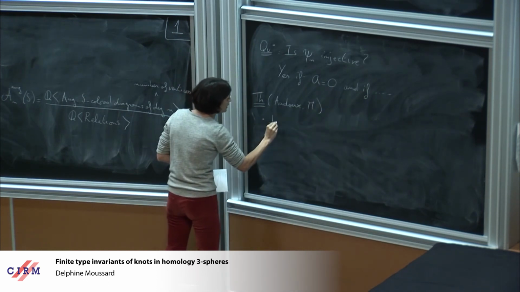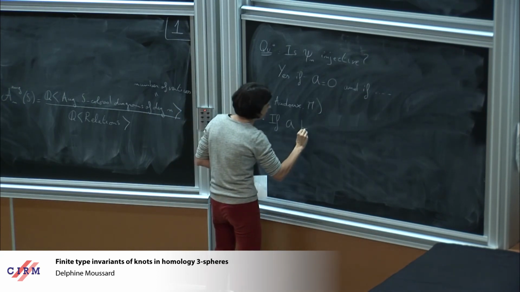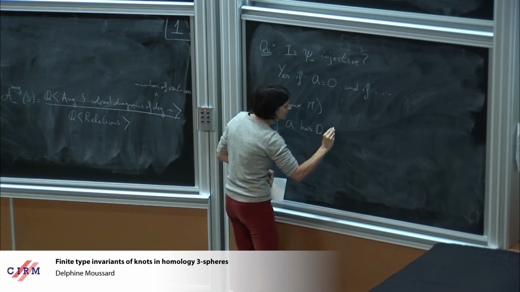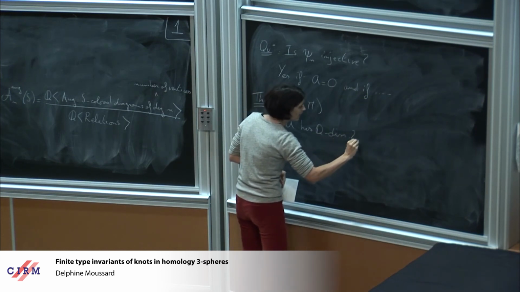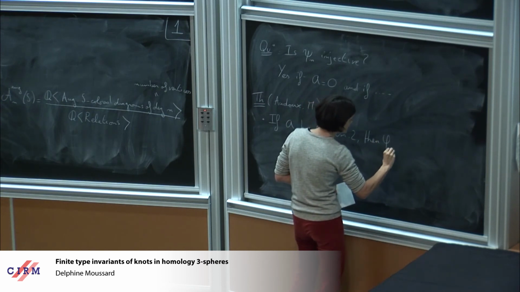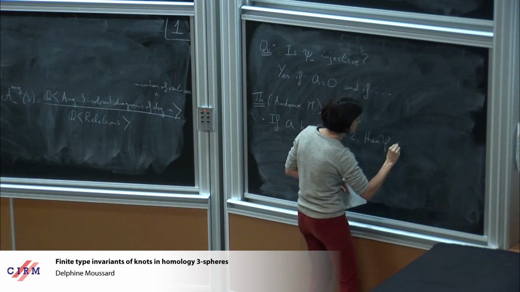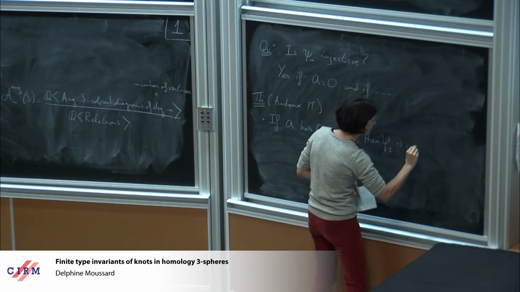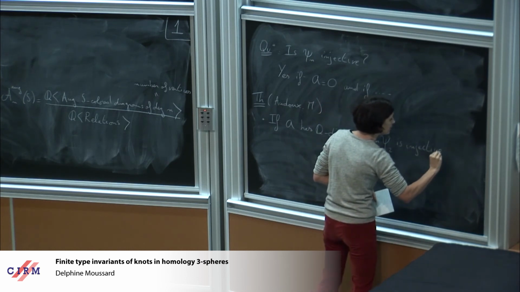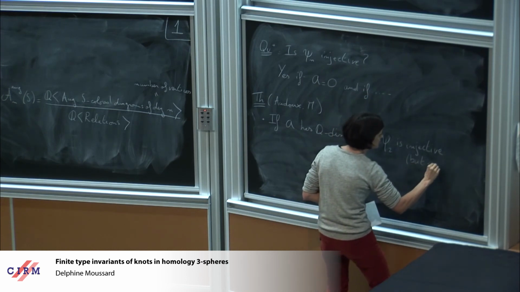First, if the Alexander module A has Q dimension 2, then psi 2 is injective, but not surjective.